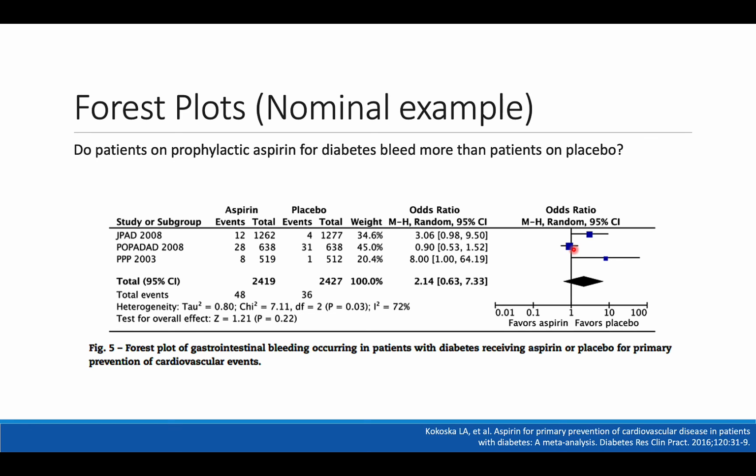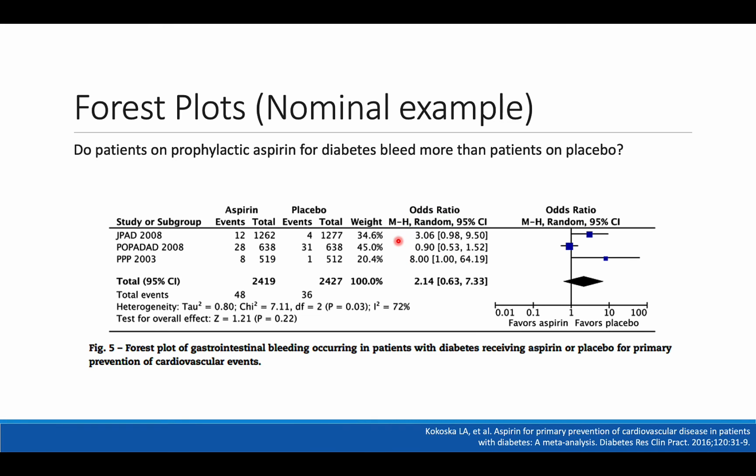And then finally, our third study down here had an odds ratio of 8, but it also had a very wide confidence interval, and we can see that it is actually right on the edge of 1, so technically it wouldn't meet statistical significance. You can also see why these studies would be great for a meta-analysis, because they're very different in their odds ratios.